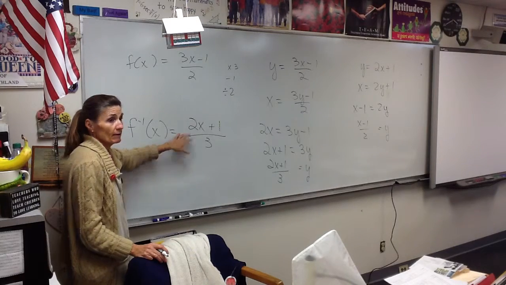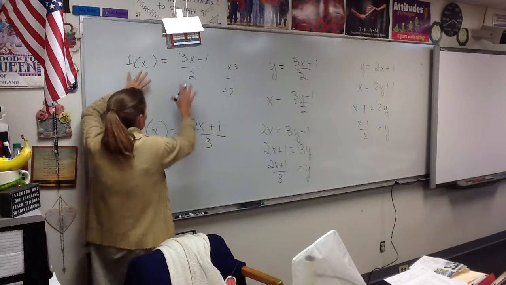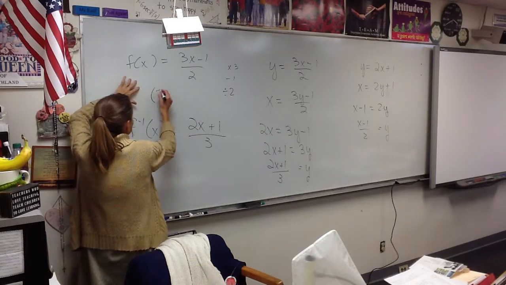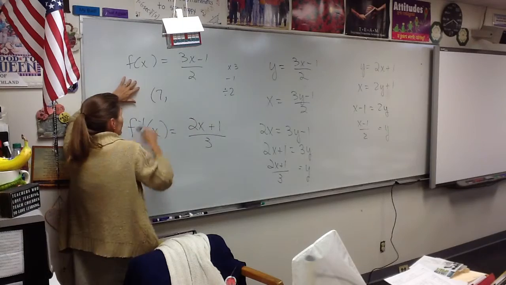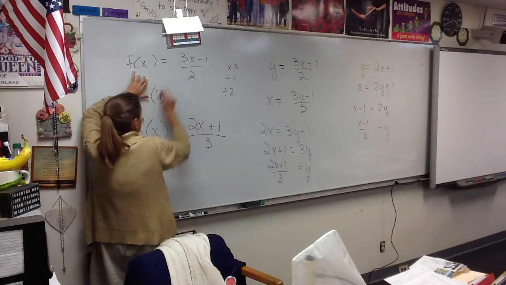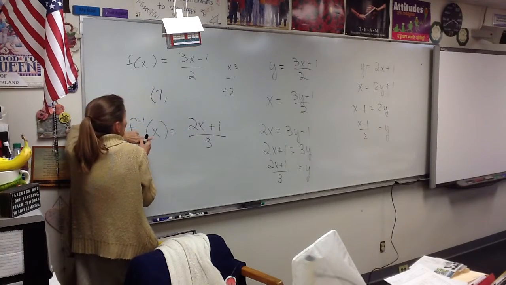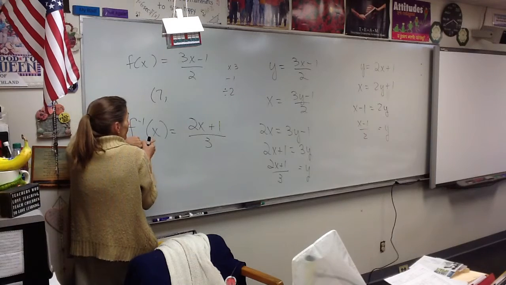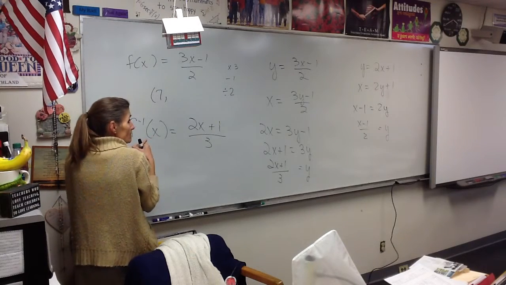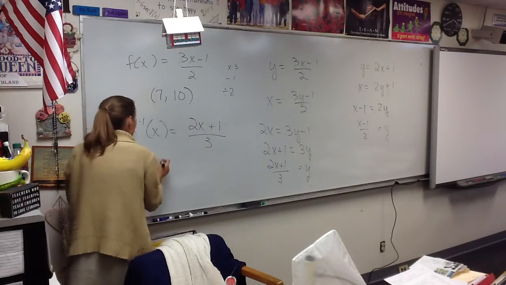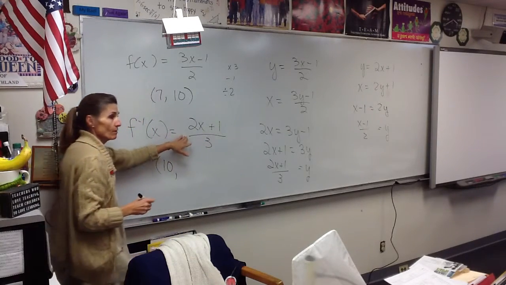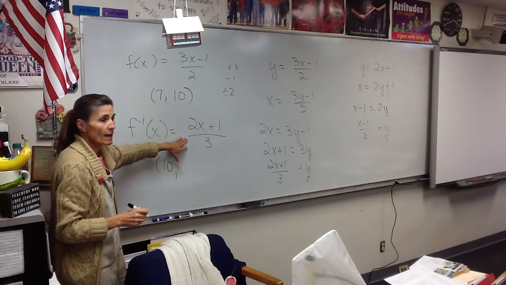All right? Now let's go back. Just for fun, let's stick a 7 in here. What do you get if you put 7 into the original problem? Which is 10. You get 10. Now, I'm going to put that 10 in here. What do you think's going to happen?